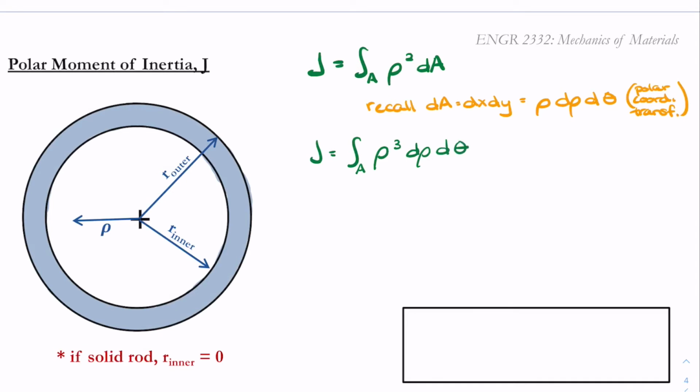All right, and so how do we perform the calculations of the area integral? Well, I have two variables to integrate with respect to, so I'm just going to turn this into a double integral. I need to integrate with respect to rho. Rho is going to vary in this case from my inner radius to my outer radius, and those will be my bounds on my integral.